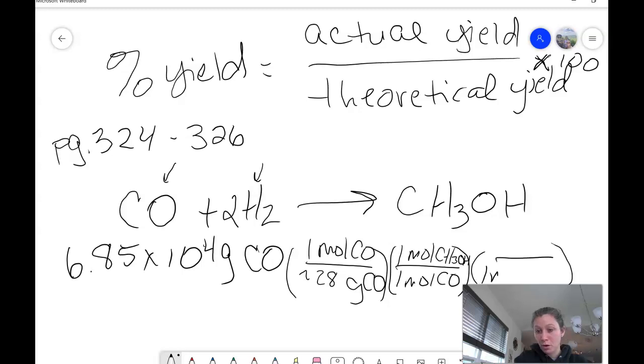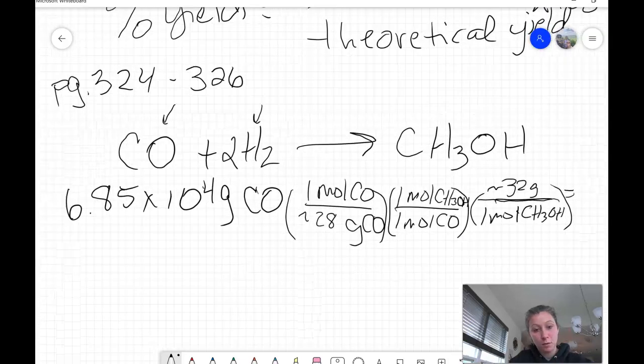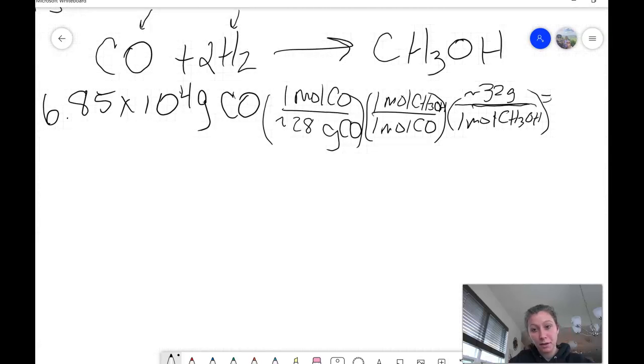And 1 mole of methanol weighs roughly 12 plus 4 hydrogen, each one about 1, so 12 plus 4 is 16, plus 16, this is about 32 grams. If you do that work, we can figure out how much methanol is produced from that one. So you put that in your calculator.